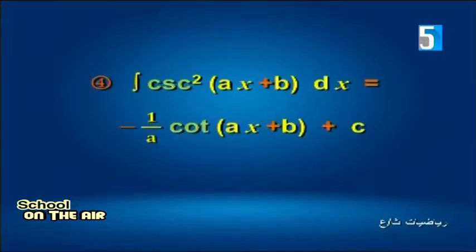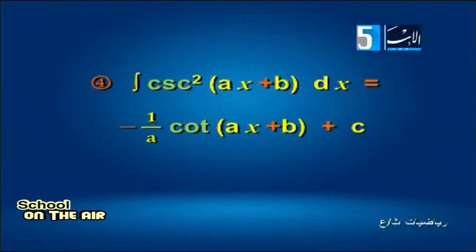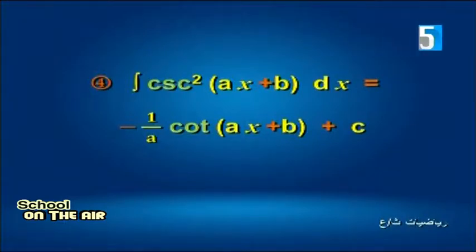The next rule, integration cosec power 2 ax plus b dx equals negative cotan ax plus b, multiply 1 over a plus the constant c.